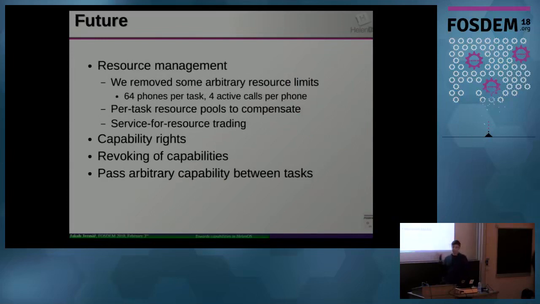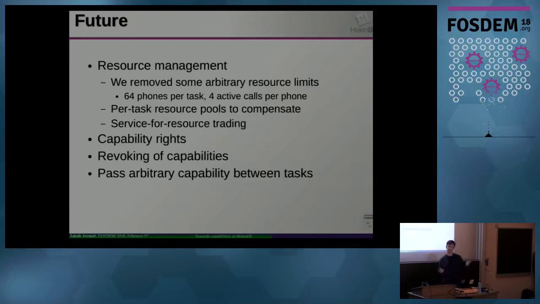So the previous slide said what needs to be done in order for me to be satisfied with the situation, but there is more to come. We will need to seriously think about resource management, because in the course of making these adaptations, I removed some hard limits.